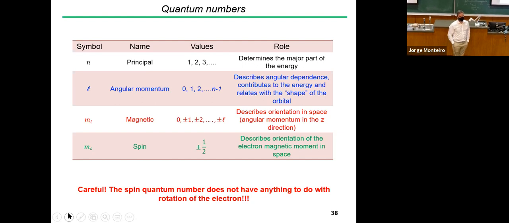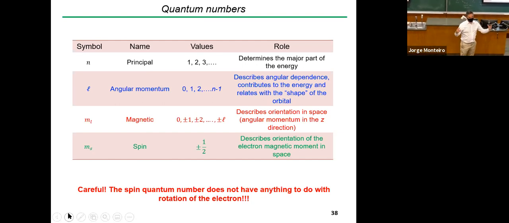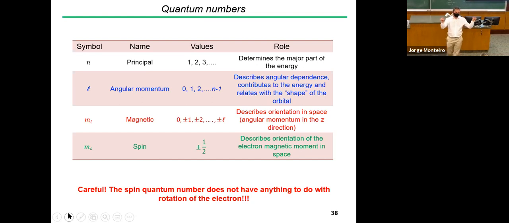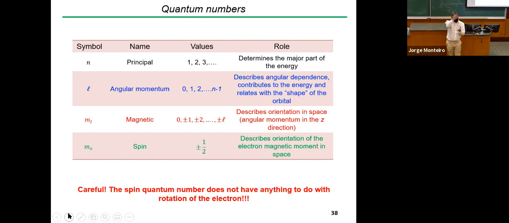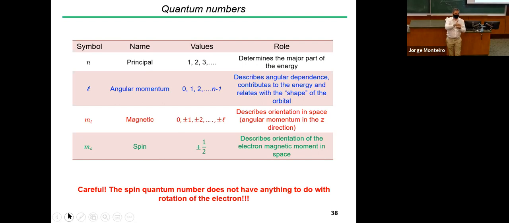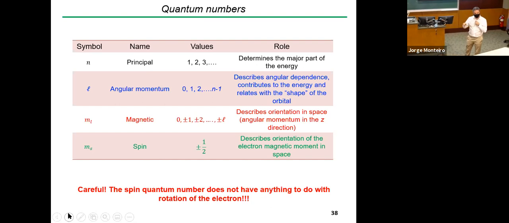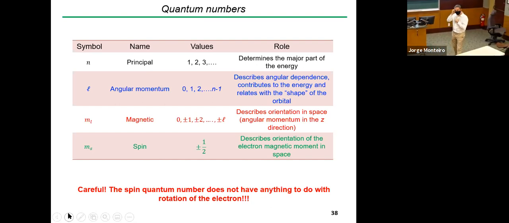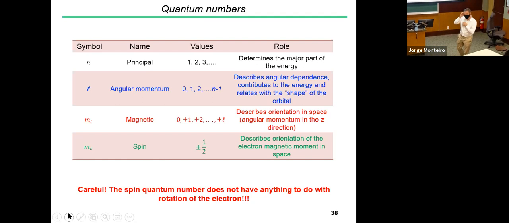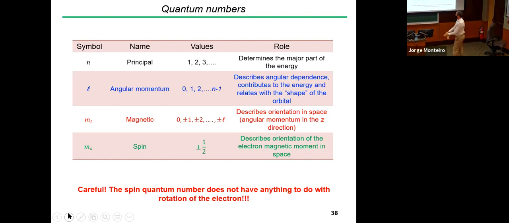For p, L is 1, so one angular node. That's the flat plane in between the two lobes of the hourglass. Right at the zero, you have zero probability. That's the angular node, the nodal plane.